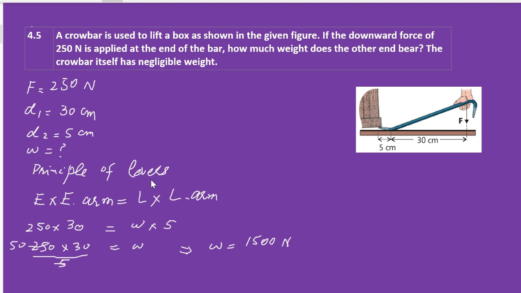Then we will use the principle of levers, which states that effort multiplied by effort arm is equal to load multiplied by load arm. Effort is 250 and effort arm is 30, and load is the weight which we have to find, multiplied by load arm, 5 centimeter. Dividing by 5 on the other side, and after simplification we will get that weight is equal to 1500 Newton.